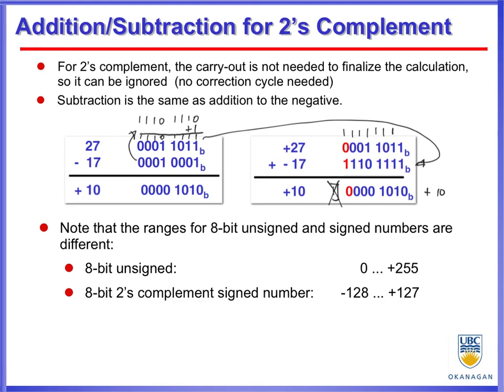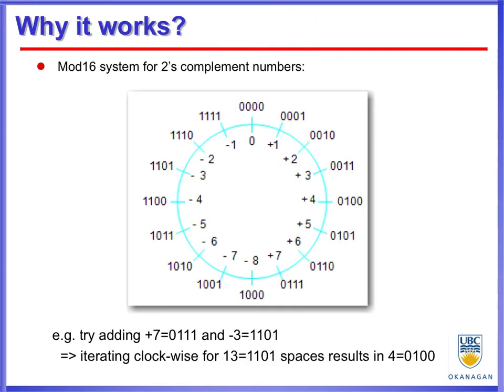Okay, we're almost done for today. Well, let's end with this. Why does the 2's complement number system work so well? It's because, in a nutshell, it does mod 16 arithmetic really well.